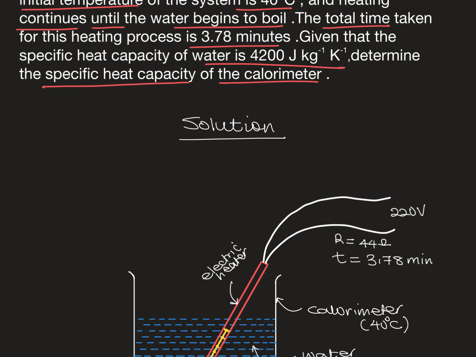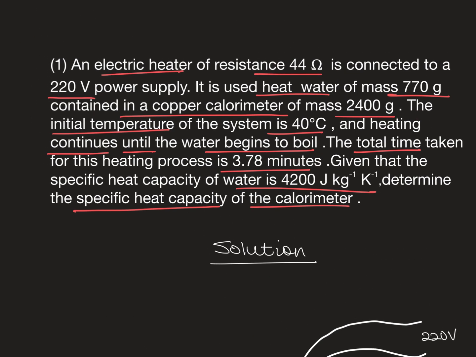So going back to the question, we are told that water has a mass of 770 grams. The mass of the water is going to be 0.77 kilograms. The mass of the calorimeter is 2,400 grams. So that is, the mass of the calorimeter is 2.4 kilograms.